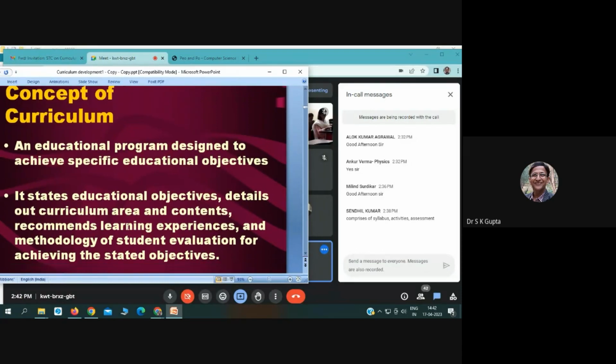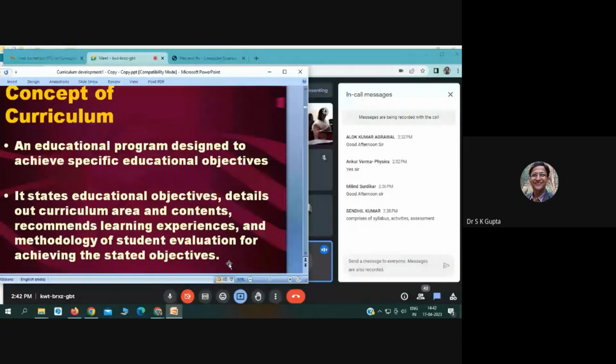Then it recommends learning experiences. What type of learning experience should be given to the students so that we are able to achieve our educational objectives, and it also contains the methodology of student evaluation for achieving the stated objectives.